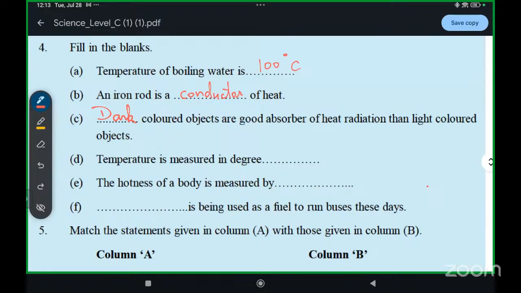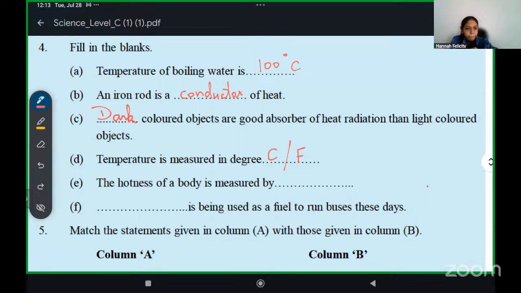Temperature is measured in degrees. In degrees C, Celsius, or F, Fahrenheit. You can write it in degrees Celsius or degrees Fahrenheit.